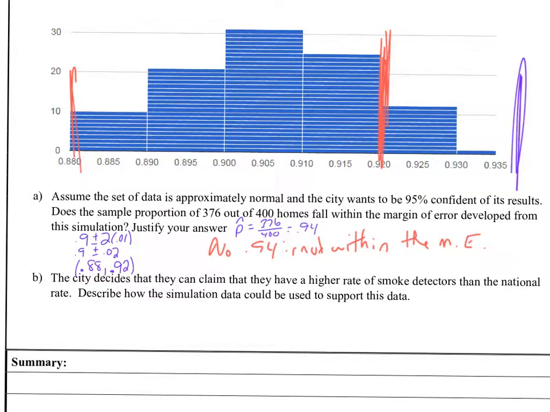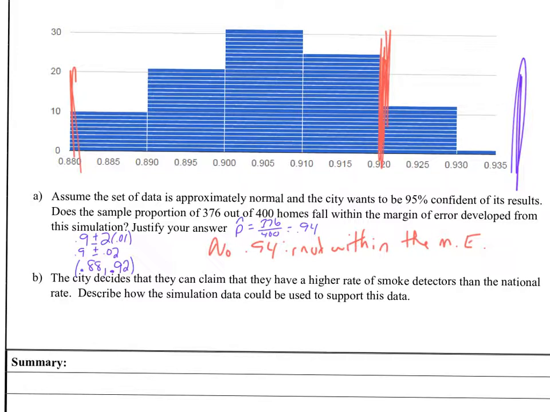All right, these are the answers from here to here, 0.88 all the way to 0.92, that you would expect to see if the true rate in that town was 90%, which is what they say the national average was. So for it to be way above, the only thing that we can say is, well, this would not be likely to occur. This is a very rare number because it's outside of the 2 standard deviations. It's not likely to occur due to random variability. So yeah, they can claim it.